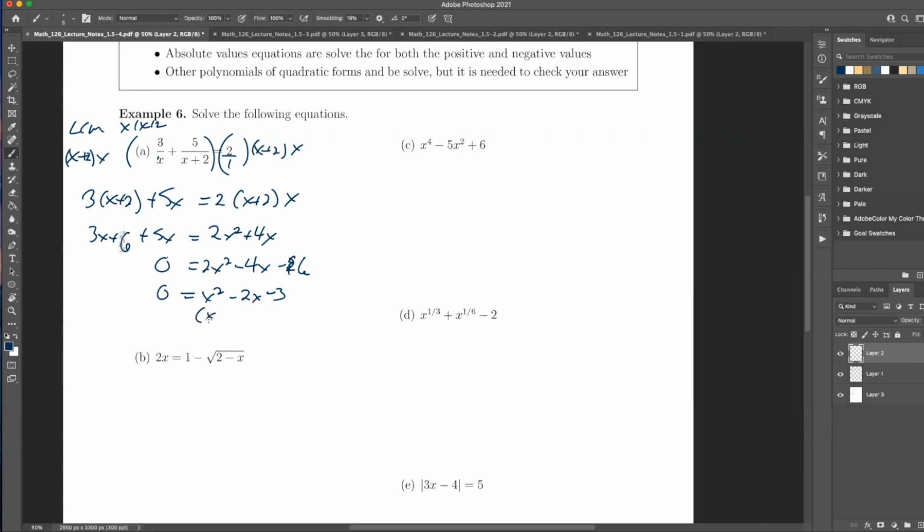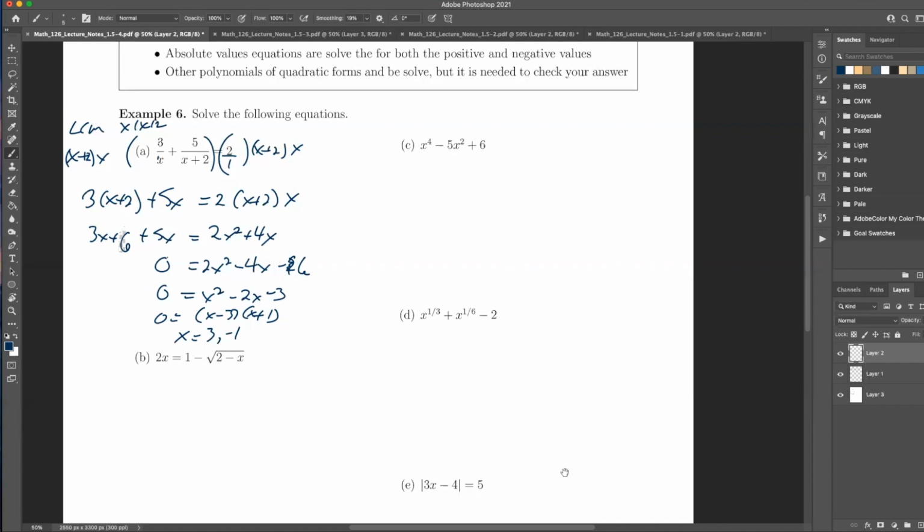This factors into x minus 3 times x plus 1 equals 0, and that means x is equal to positive 3 or minus 1. Okay, so when you see a rational expression, these are whole sections in other books, just clear it out.